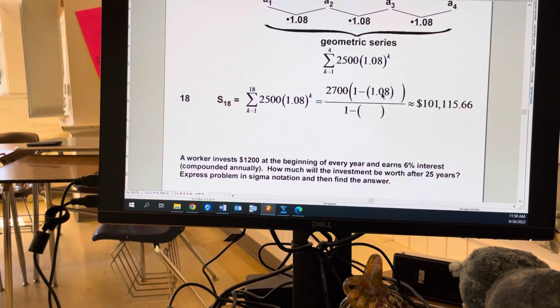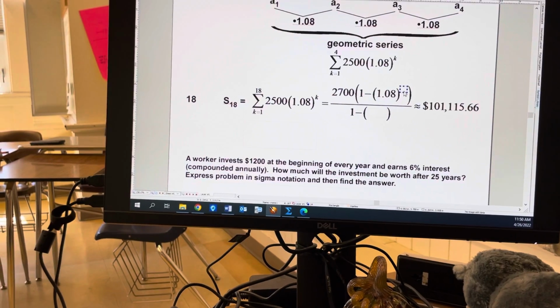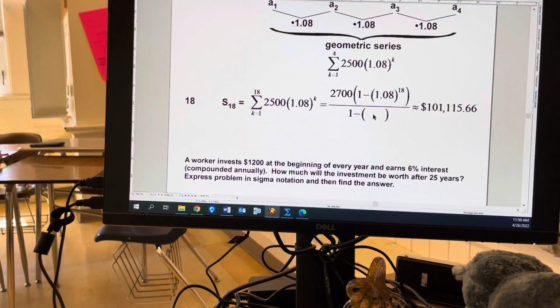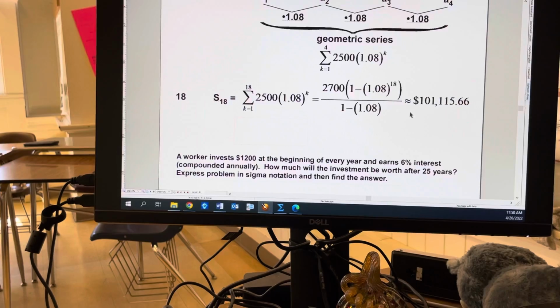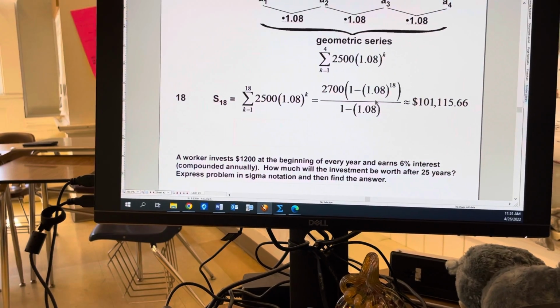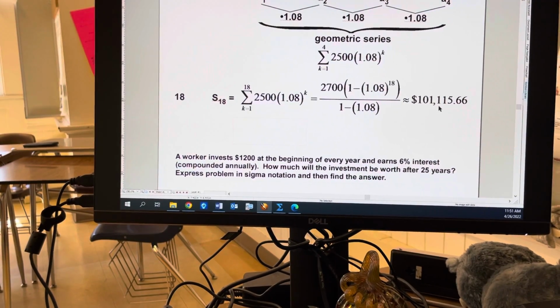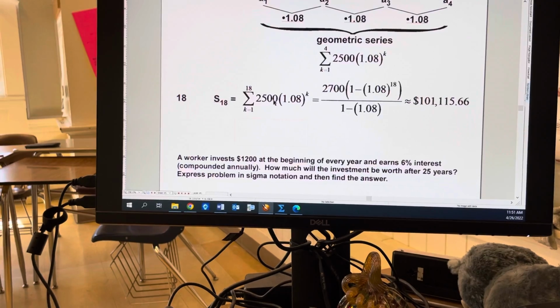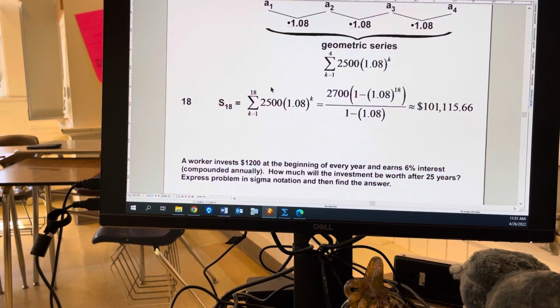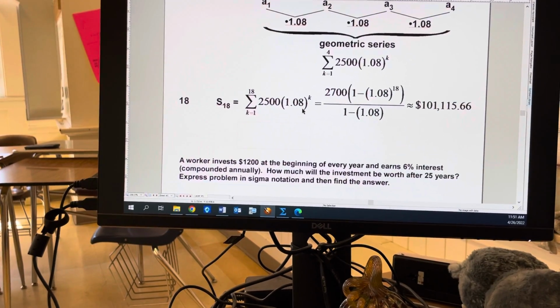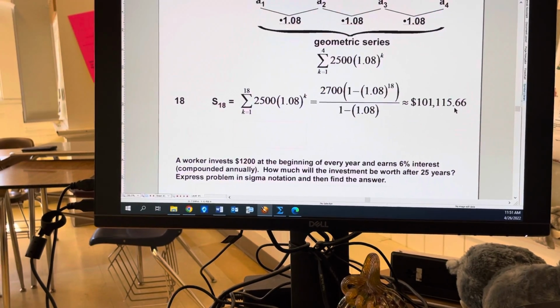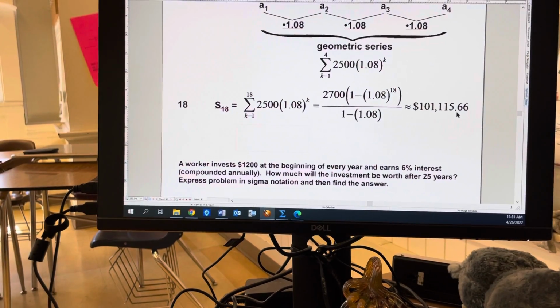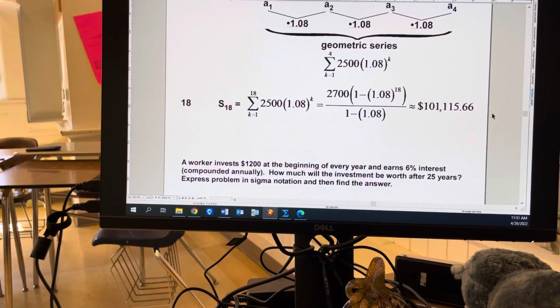So I'm going to put 1.08 and we're saving for 18 years, and we know R is 1.08. If I do this in my calculator, I can see that by putting $2,500 in for 18 years at 8%, which is pretty nice, I would end up with $101,000-ish. So it's really, really worth it to save money.